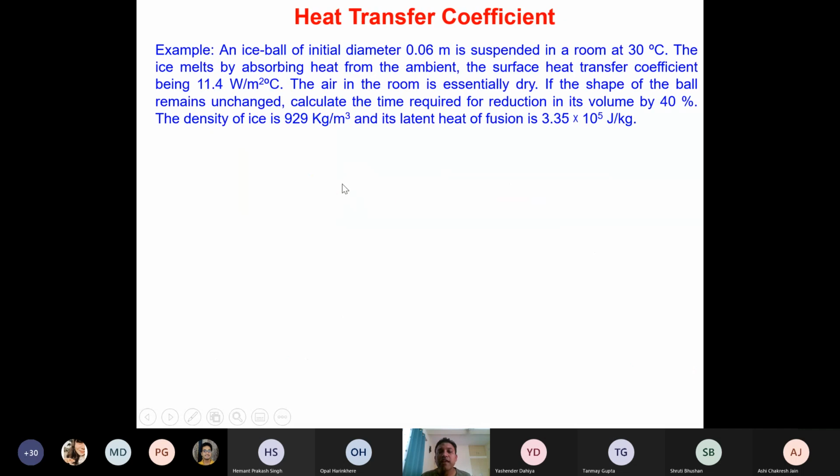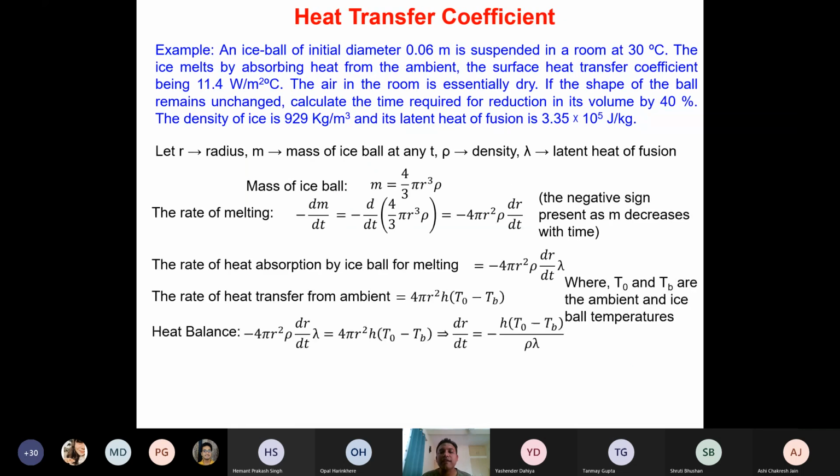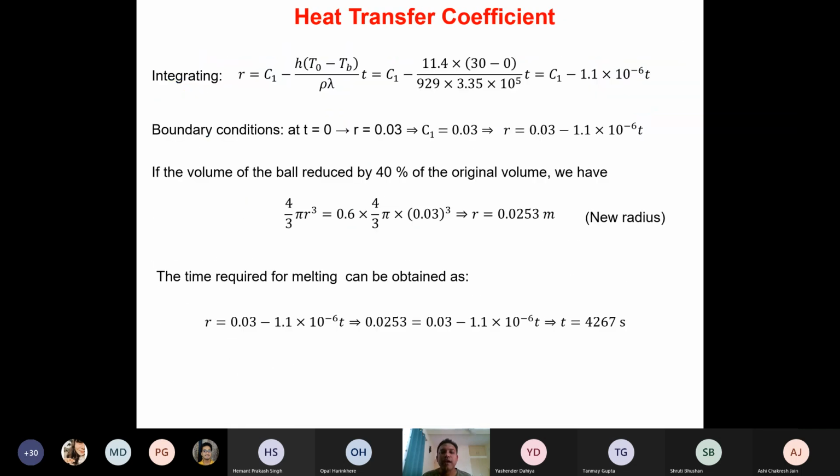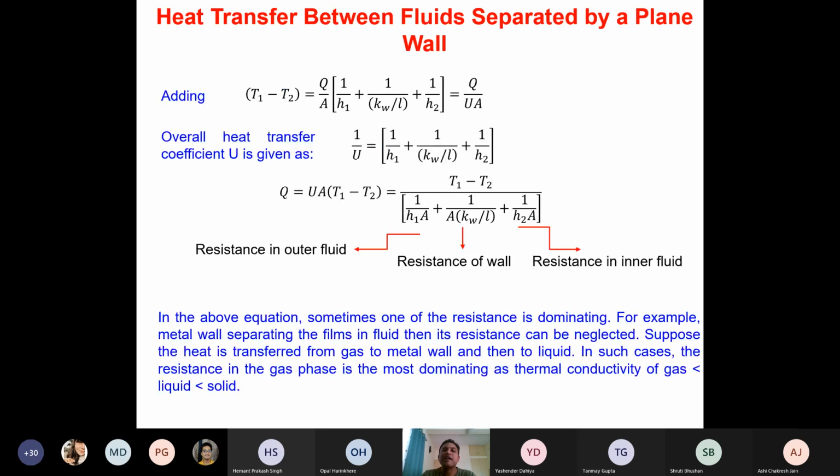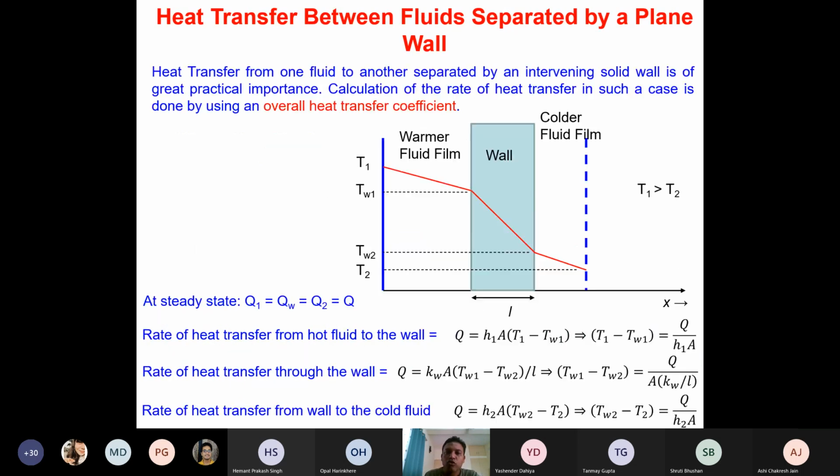Okay. Thereafter, what we started looking at is the heat transfer between the fluids separated by a plane wall. So here we have looked at convection heat transfer taking place in addition to the conduction, and in all such cases we in general use the overall heat transfer coefficient, isn't it?